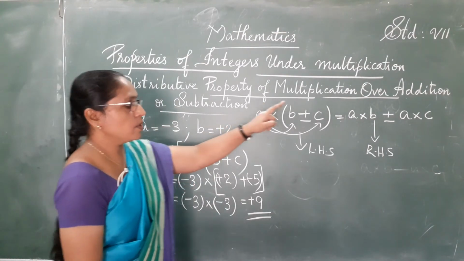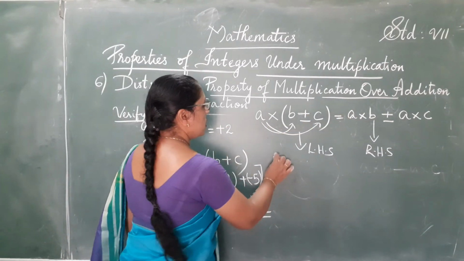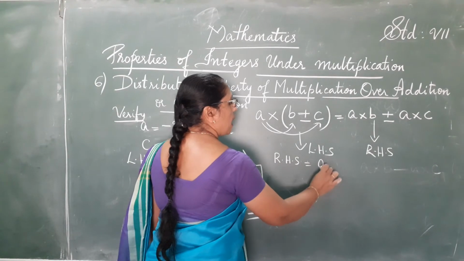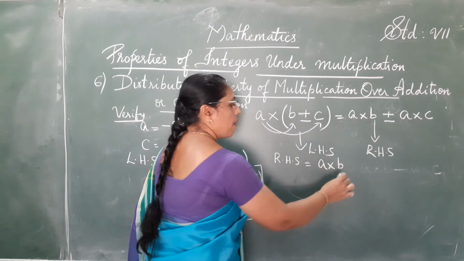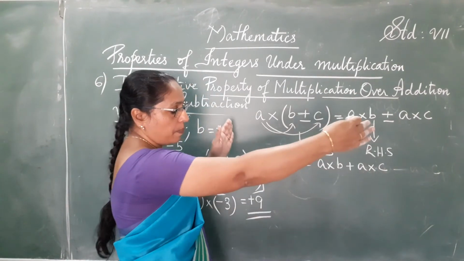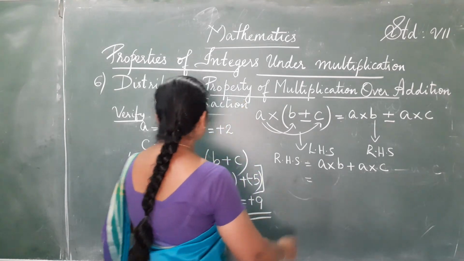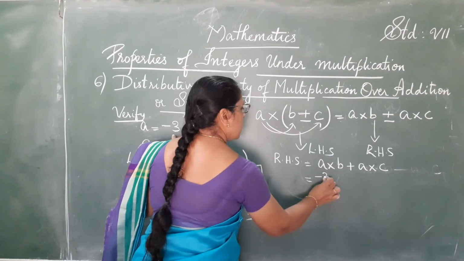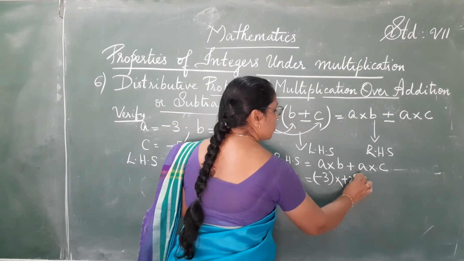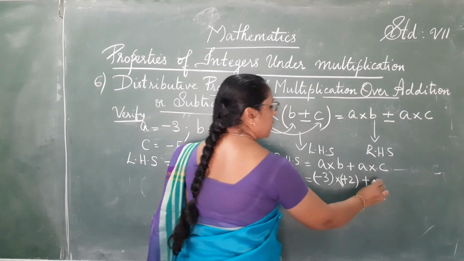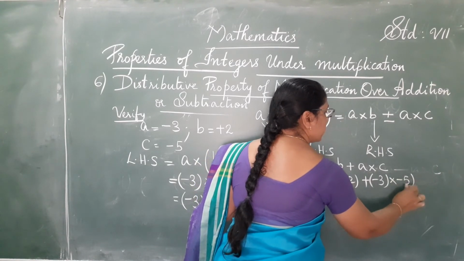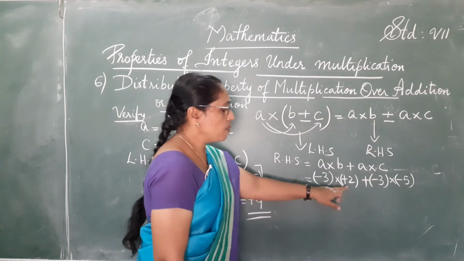Now we have to solve the right hand side. What is the right hand side? RHS is A into B plus A into C. RHS is a bigger part. So what is our A? Negative 3 into B, which is positive 2, plus negative 3 into negative 5. First multiply.